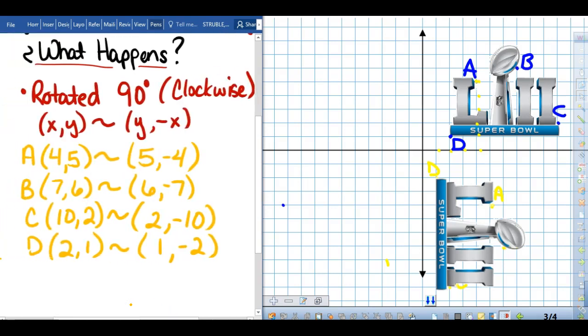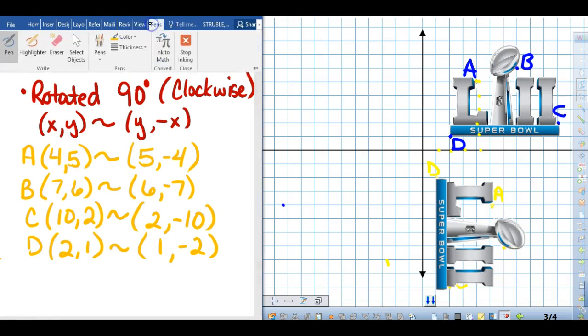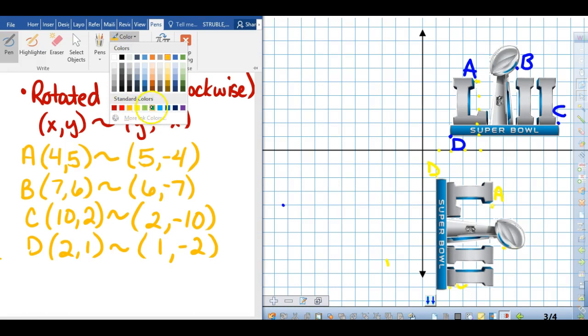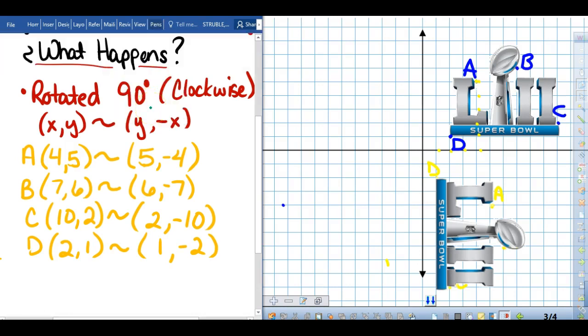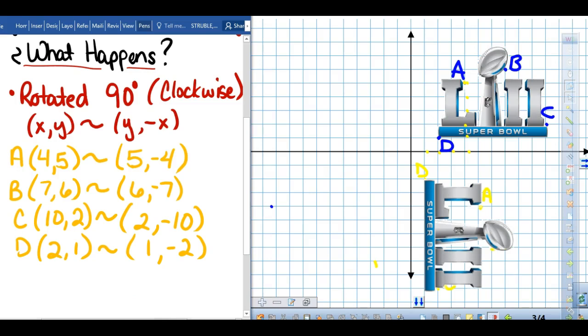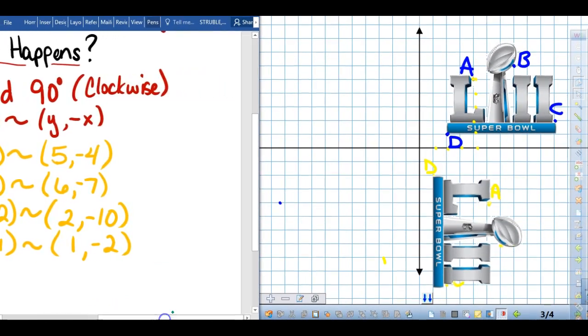So what happens in counterclockwise actions? When we are rotating counterclockwise, what we're going to do is take what we know about the clockwise and just do the opposite of that. That makes sense because counterclockwise is the opposite of clockwise. Okay, so over here to the side, I'm going to go ahead and write counterclockwise, or CCW. That means counterclockwise. When we're doing clockwise, it goes y, -x.